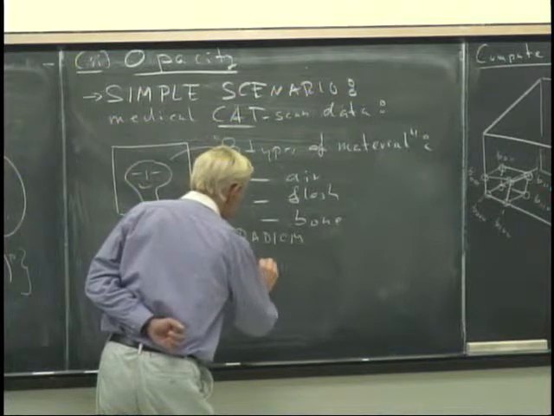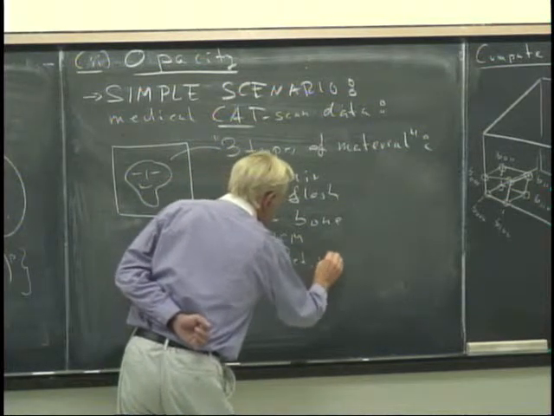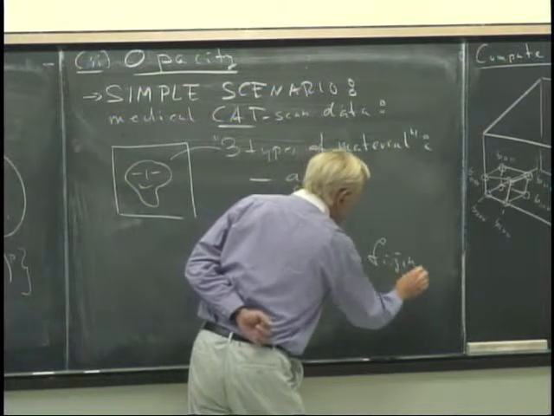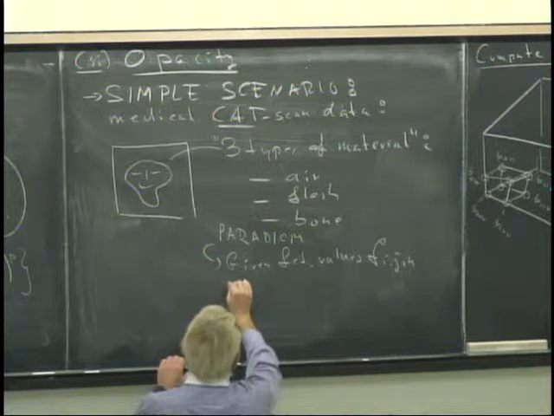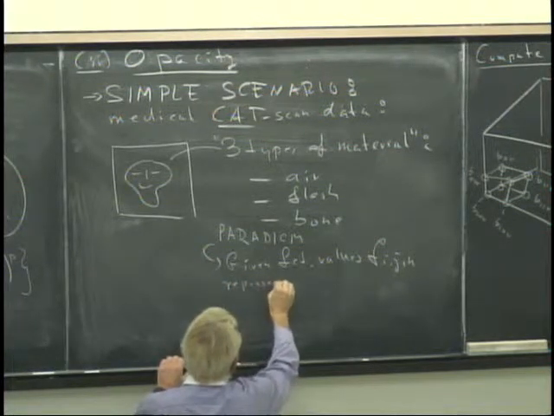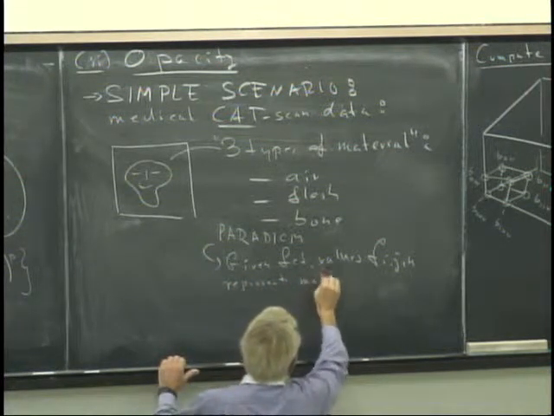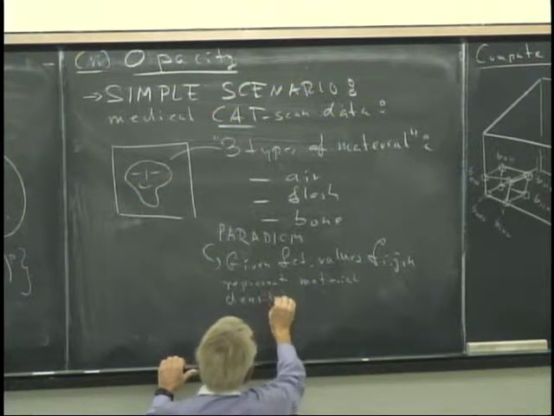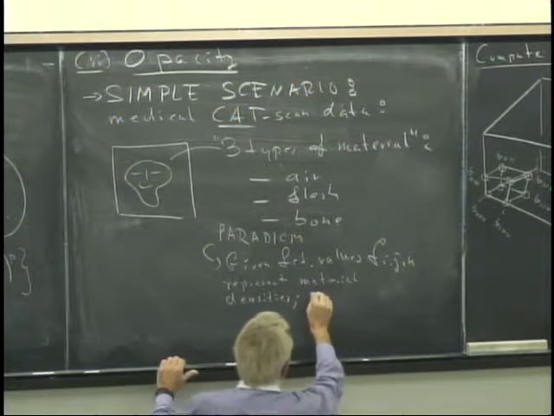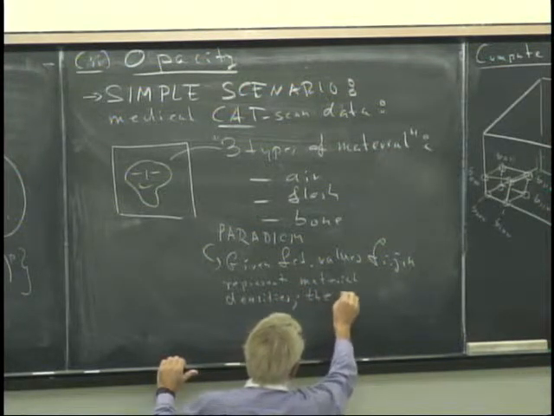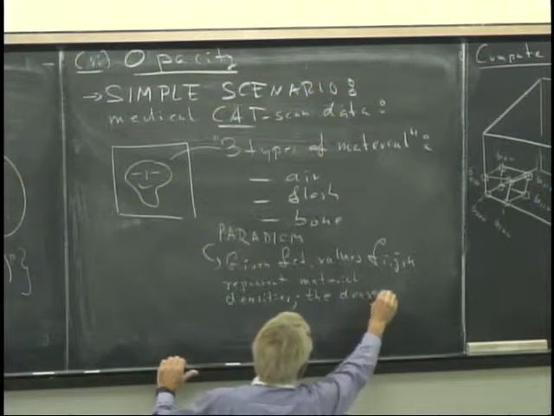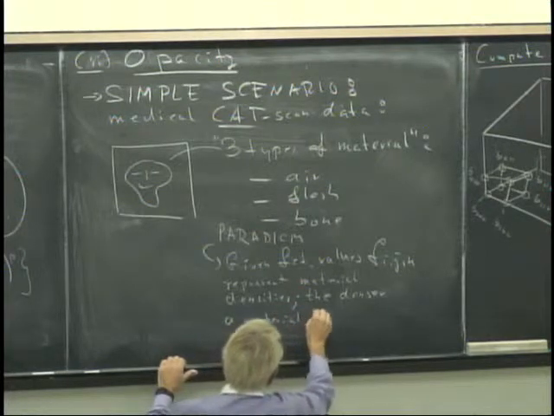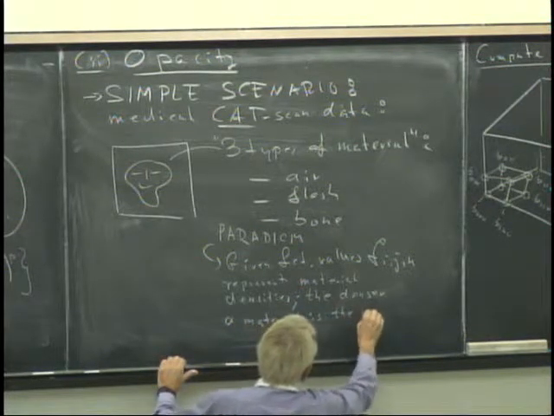Given function values, given CT values F_ijk, represent material densities; the denser a material is, the more opaque it is.